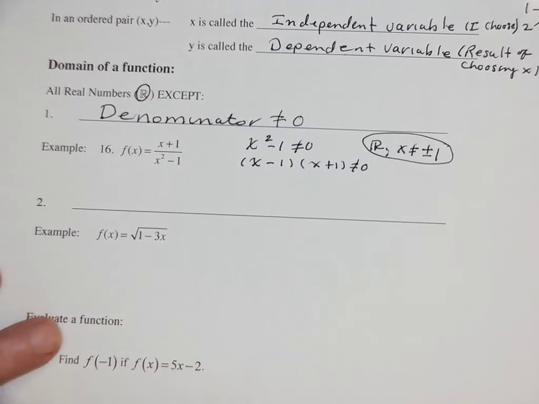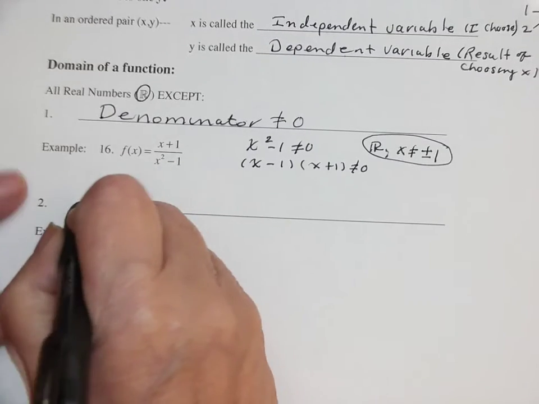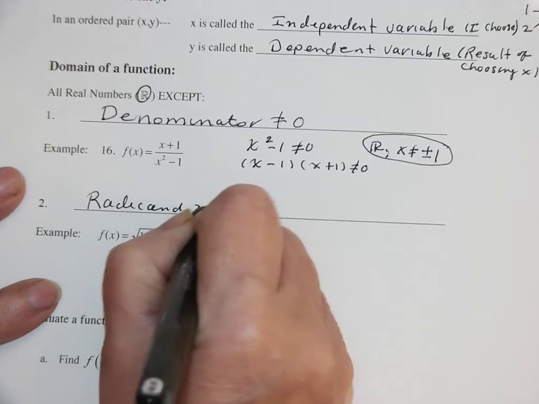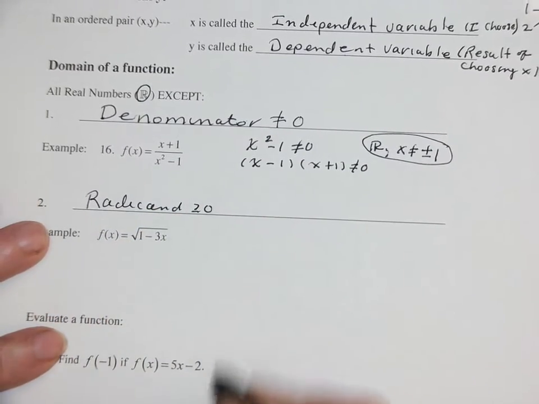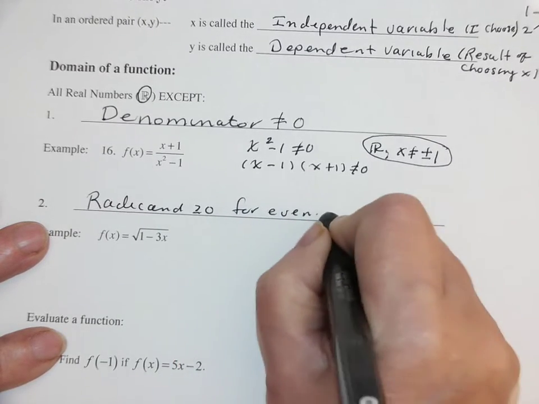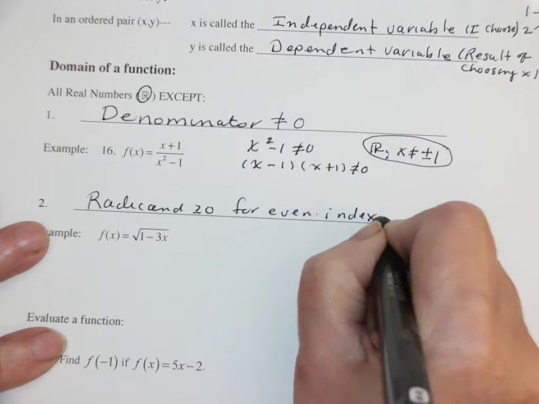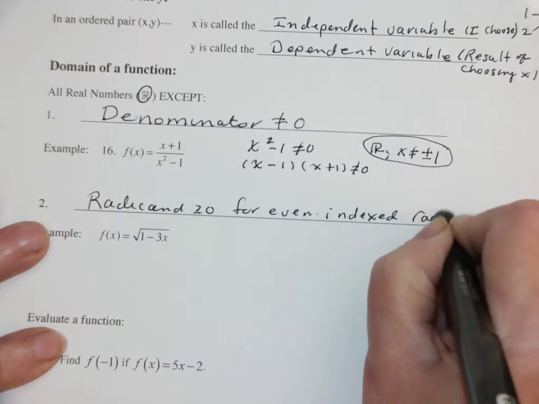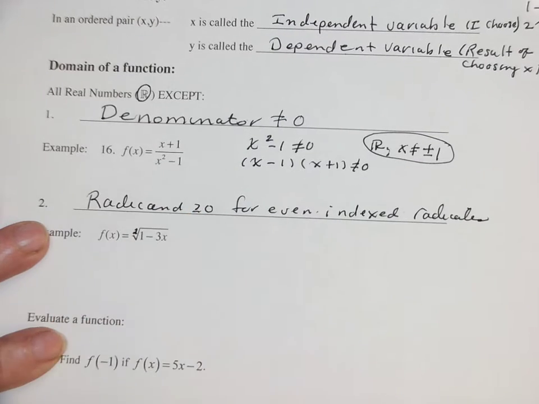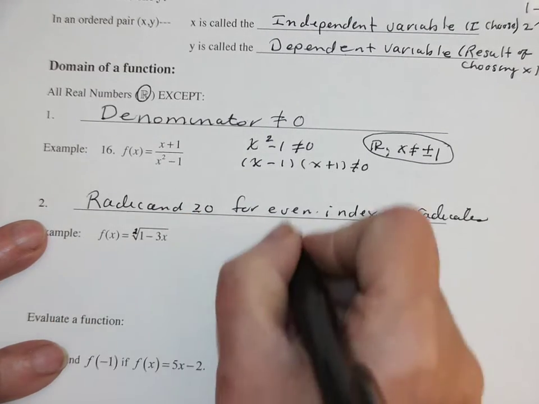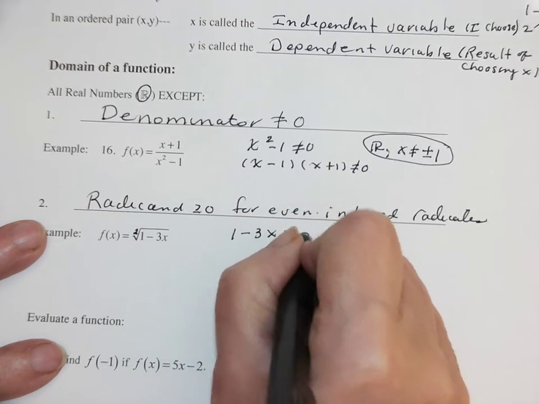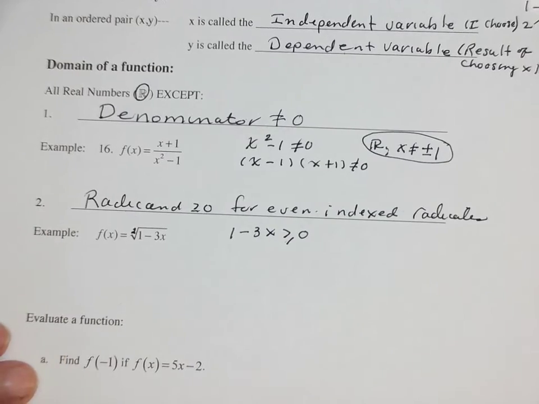I would normally write this as all real numbers, and that would be what the domain would be. And also, the radicand, that's the number that's under the radical, must be greater than or equal to 0 for even indexed radicals. This is a square root. That means the index is 2. So it's even. So this would mean that 1 minus 3x has to be greater than or equal to 0.